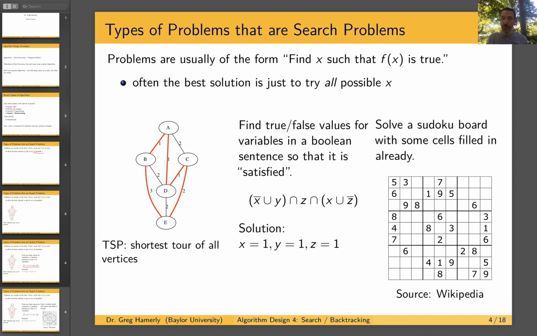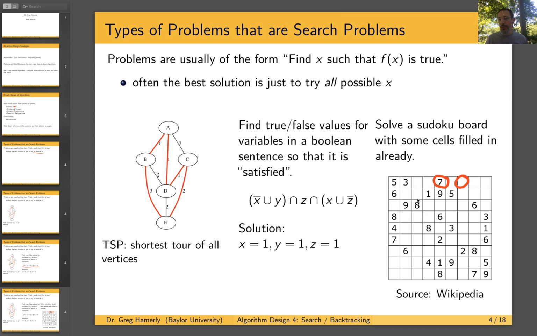Another example, which you may have seen in your newspaper, is Sudoku boards. Given a board of 9 by 9 cells, some of which are filled and some of which are empty, you get to fill in the empty ones with the numbers 1 through 9, such that every row has exactly 1 through 9, every column has exactly 1 through 9, and every square has exactly 1 through 9.